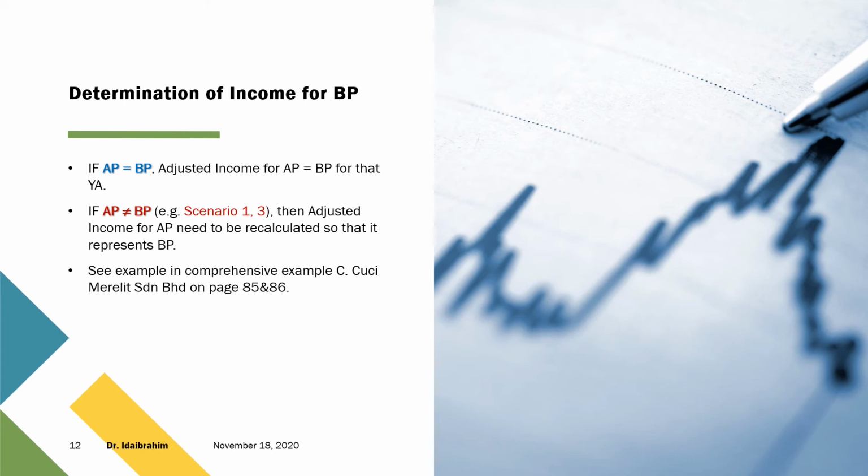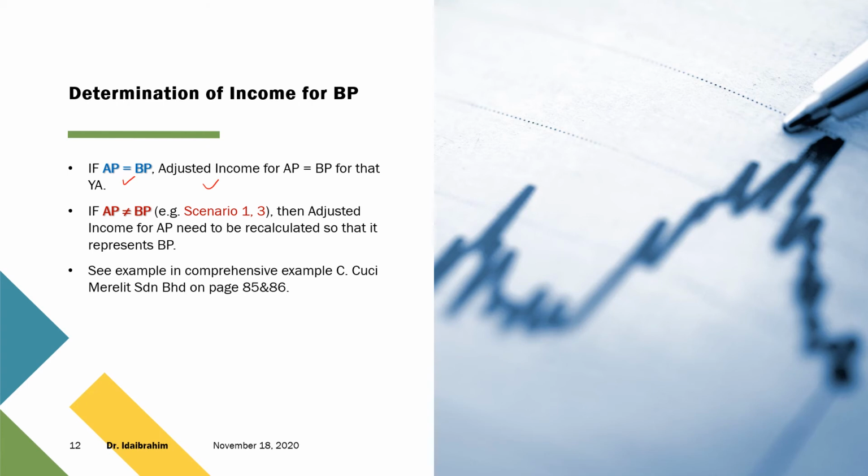So if AP is equal to BP, we just take the adjusted income for that AP. AP is accounting period, okay? Just accept the adjusted income as the taxable income for that basis period.